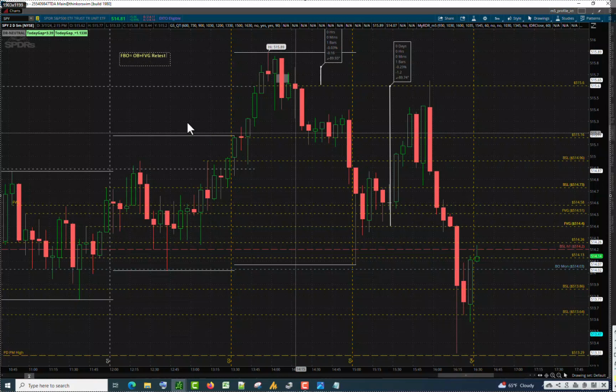And this is a short setup. The entry time to a sell. Stop at 555.60.